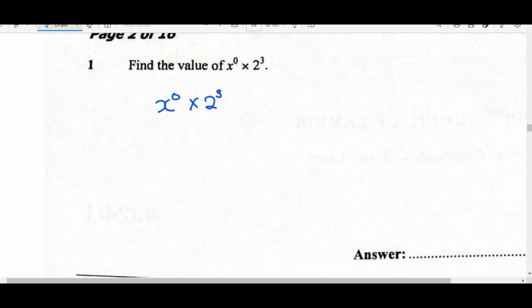In this case, anything raised to the power 0, the answer is always 1. So you'd say 1 times 2 times 2 times 2. 1 times 2 is 2, 2 times 2 is 4, 4 times 2 is 8. So the answer here is 8.